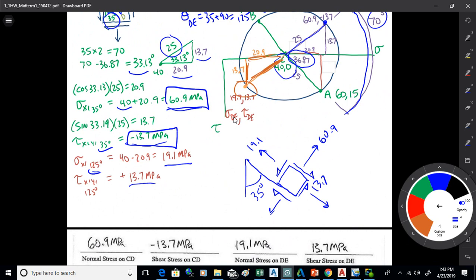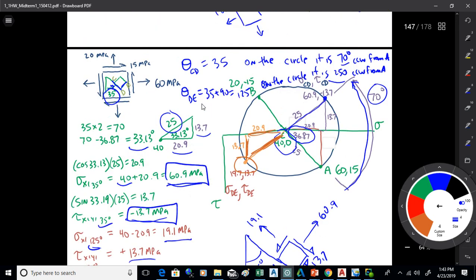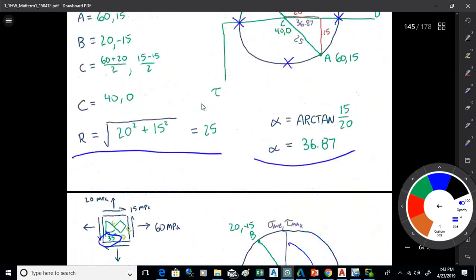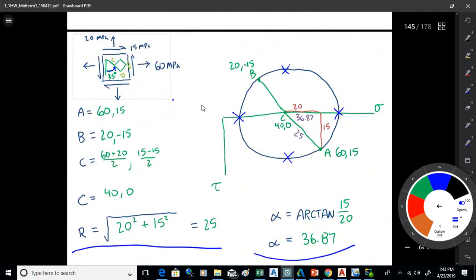All right. Now, what's the maximum normal stress in plane? What's that? The maximum axial or normal stress. Where is that on the circle? It's about as far right as you can go, okay? That's the extreme point on the circle.